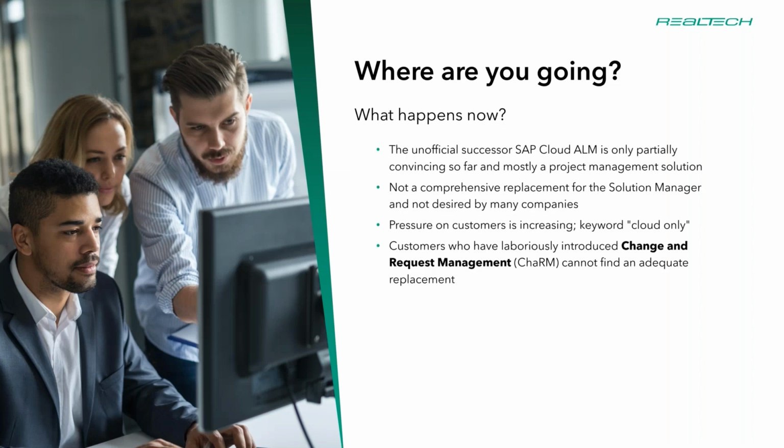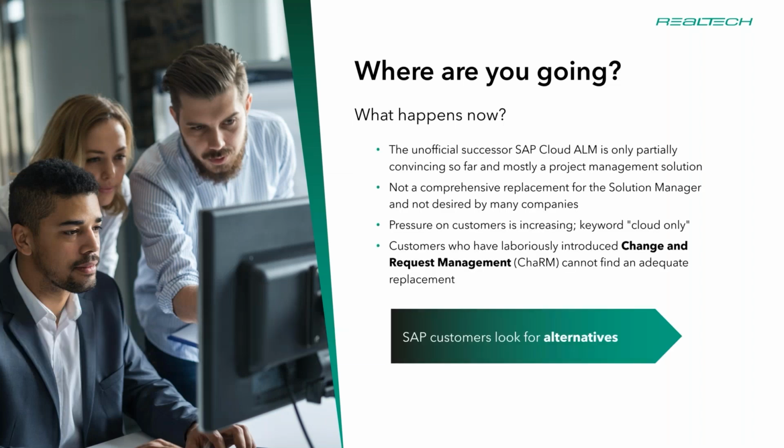So what happens now? Basically, SAP came out with a new product called Cloud ALM. They want you to use that only for the cloud solutions, which is where most of their applications are going, although we know ABAP and NetWeaver is going to be around for a considerably long time.